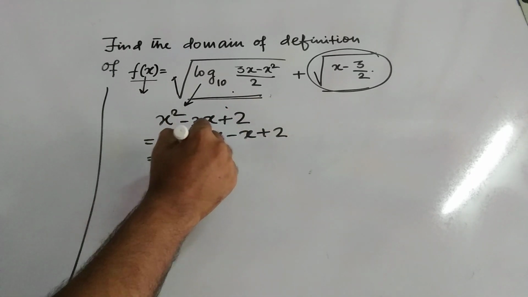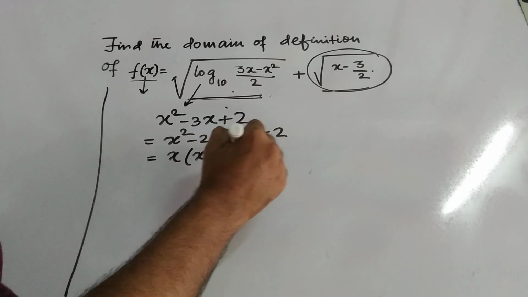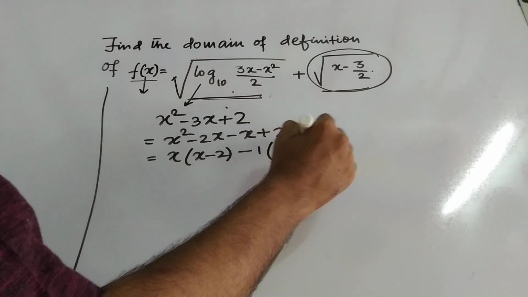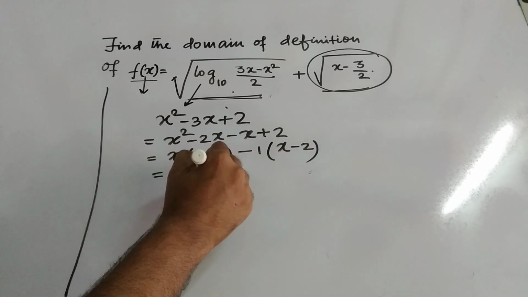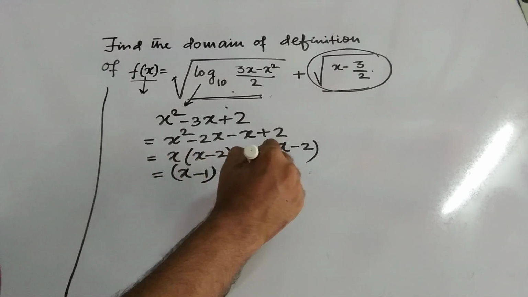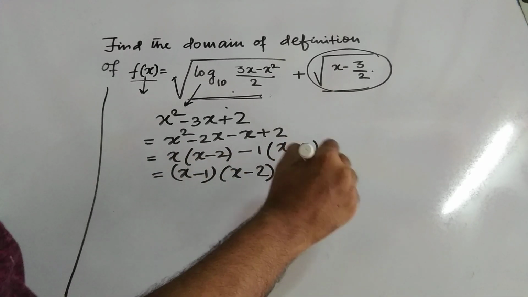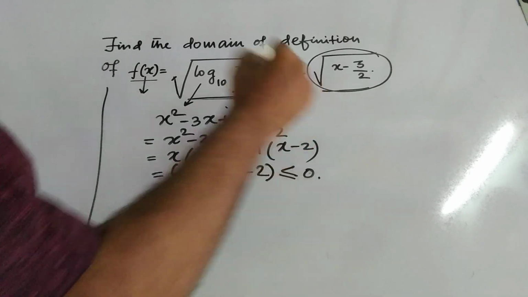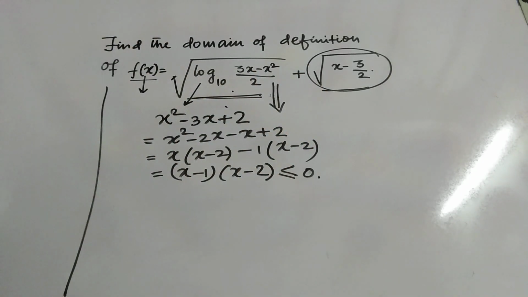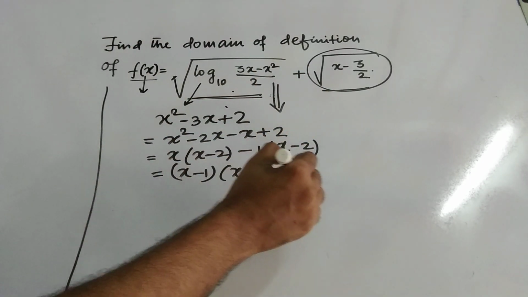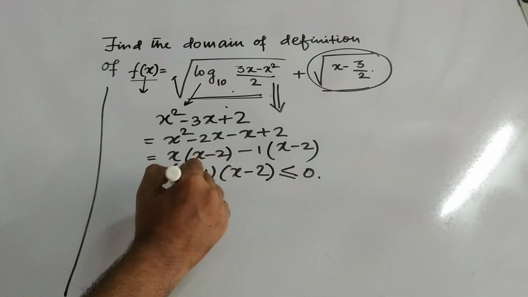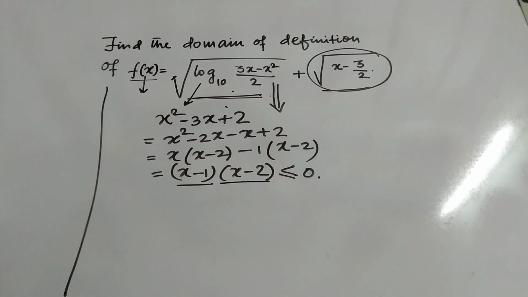That is, if I take common x into (x − 2) minus 1 into (x − 2), that is (x − 1)(x − 2), it is less than or equal to 0 from this expression we have got. What does that mean? That means that this is a negative number. Whatever number is generated by multiplying these two factors, it must be negative.